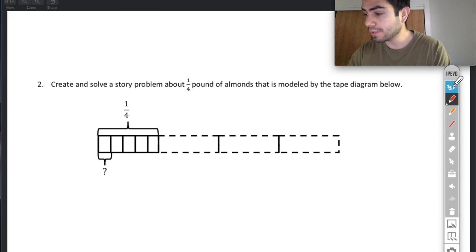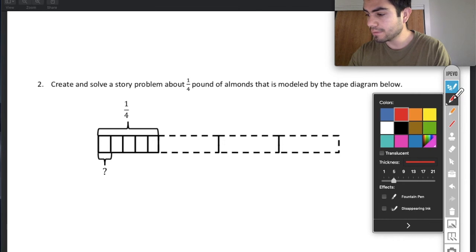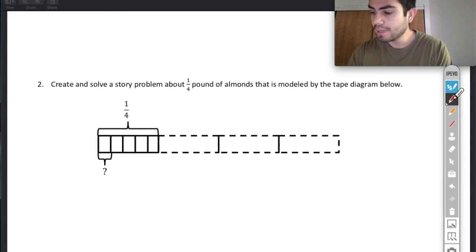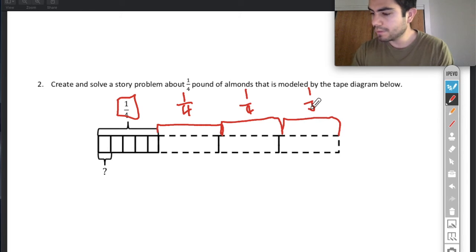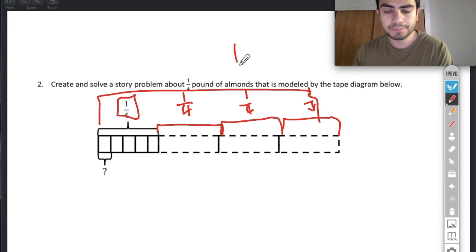So check this out. Okay, let's do red. If this is 1/4, that means that right here is also 1/4. This is 1/4, and that is 1/4. So this total length here is your whole, okay?